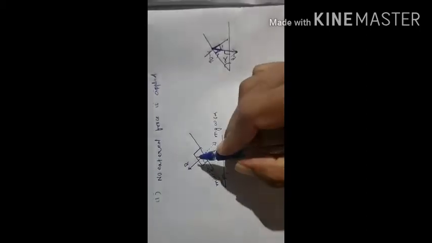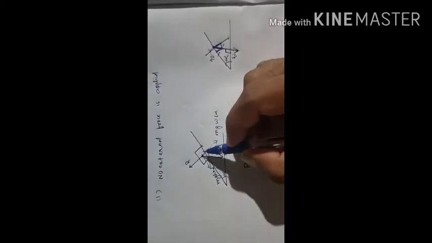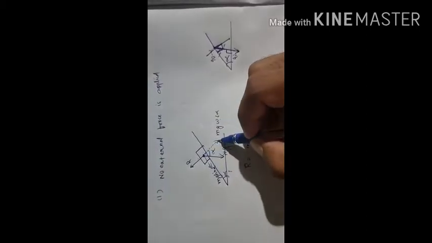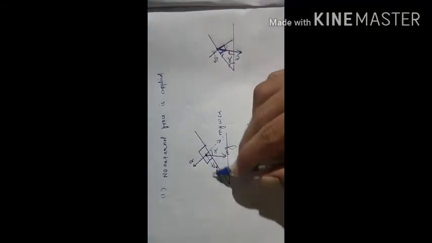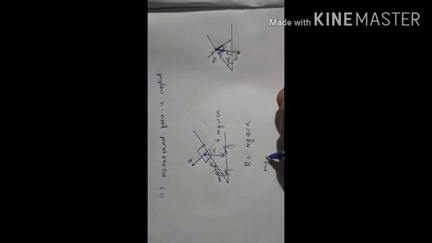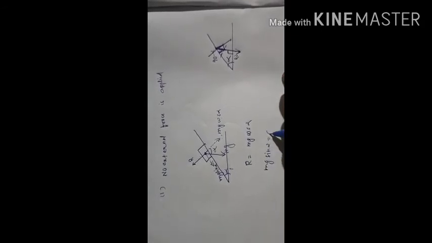R equals mg cos alpha, because this normal reaction balances this force mg cos alpha, and this mg sin alpha is actually making it fall down, making it accelerate downward.